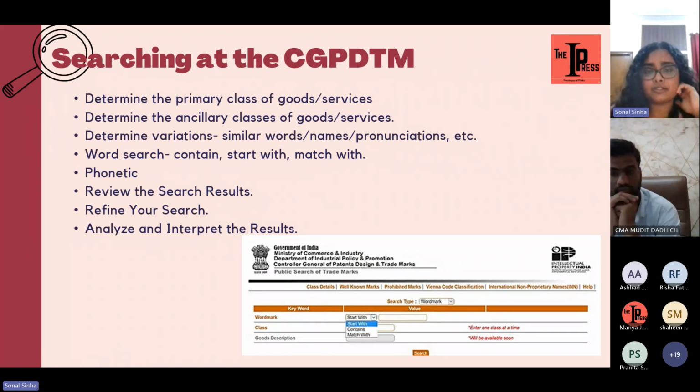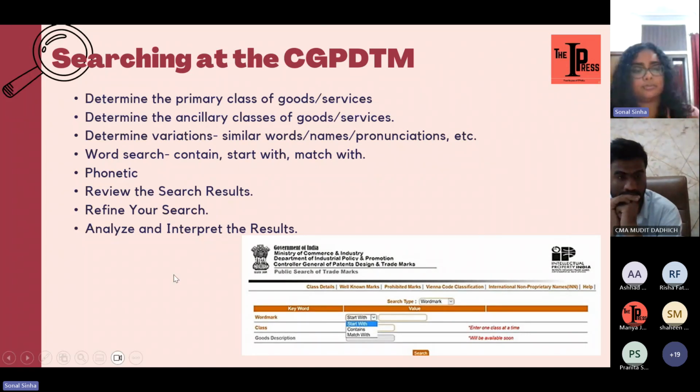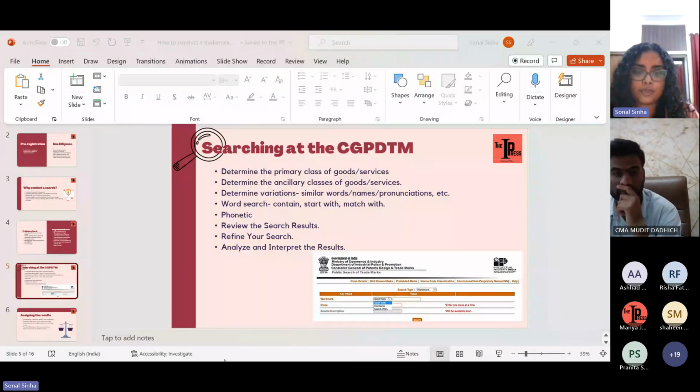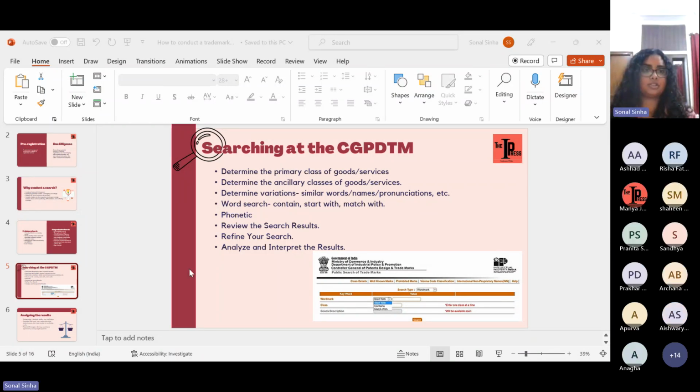So, for example, I mentioned Cetaphil earlier. Cetaphil is a soap brand. For that, you will have to determine the relevant class, and the relevant class for that would be class 5, pharmaceuticals and all.